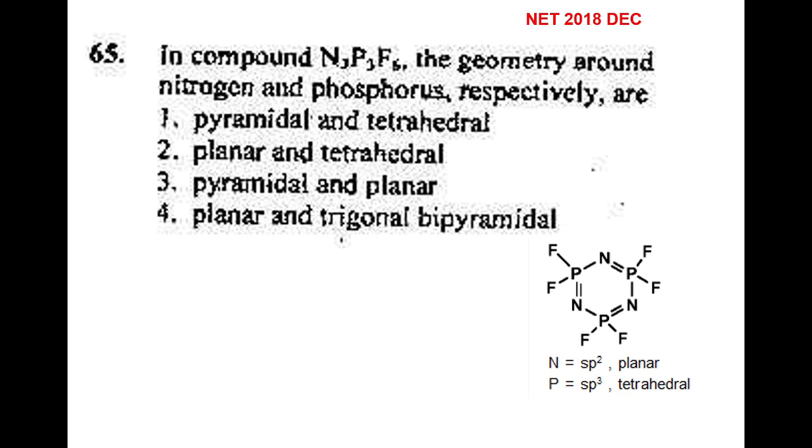With respect to P, 4 bond pairs are there. So 4 bond pair means sp3 hybridized, so that is tetrahedral. So with respect to nitrogen this is planar, and with respect to phosphorus this is tetrahedral. For nitrogen, 2 bond pair, 1 lone pair. So nitrogen is pyramidal and phosphorus is tetrahedral.